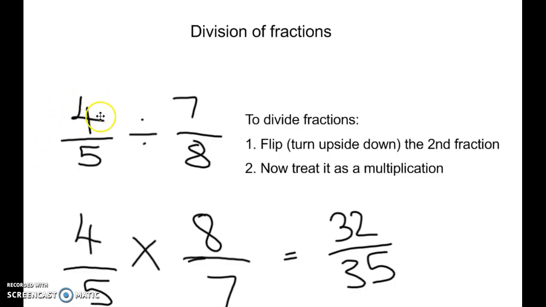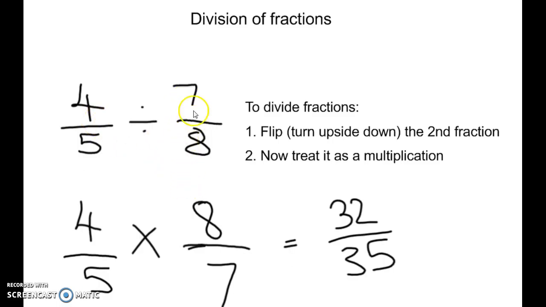The K stands for keep, so you keep the first fraction as it is. The F is for flip the second fraction. So you see I've turned the second fraction upside down. 7/8 has become 8/7, and you C, or change, the division into a multiplication.